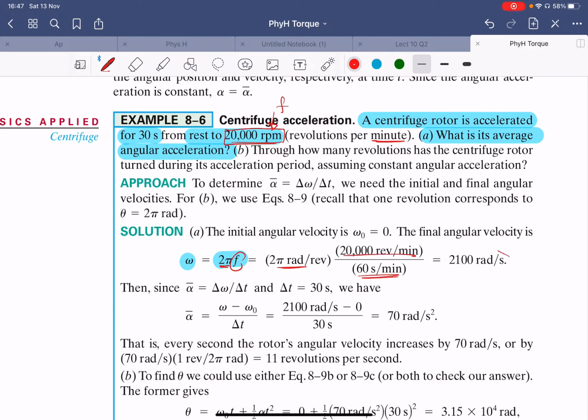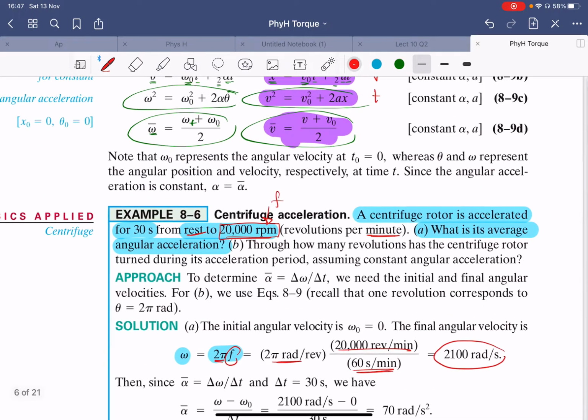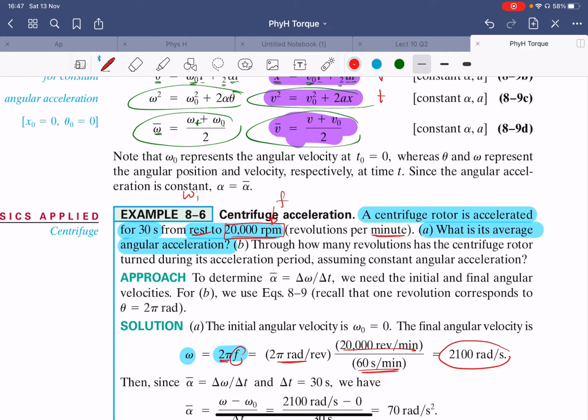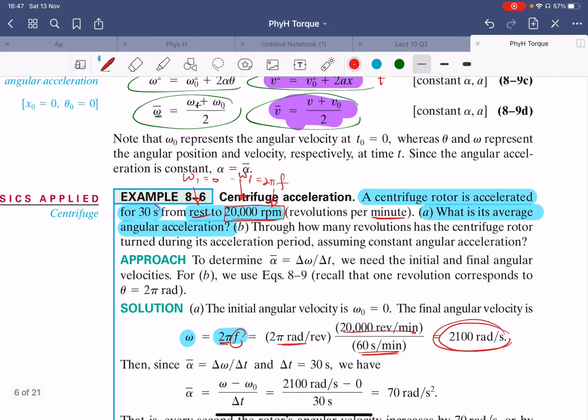So this is my omega. From rest means omega I is 0, and this is omega f, right? Final is 2 pi times f, which I just found from here. What else do I know? I know the time t. What do I want? Alpha.